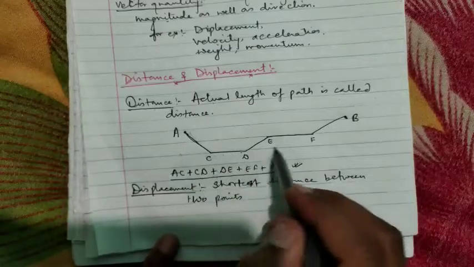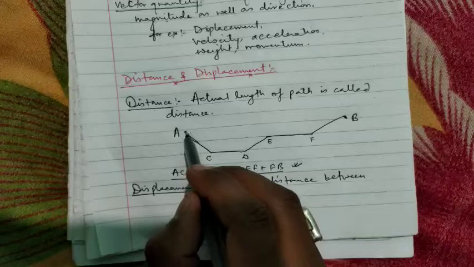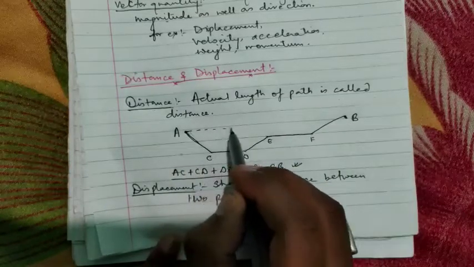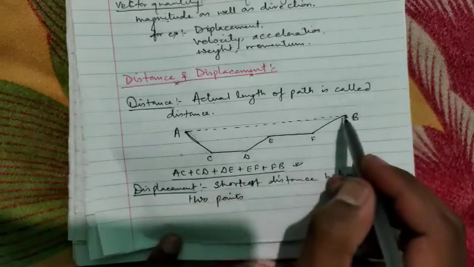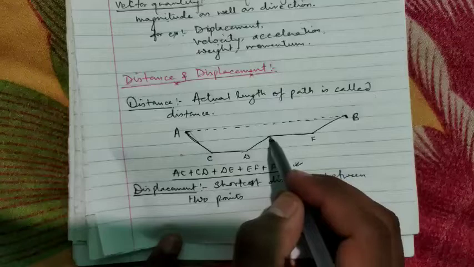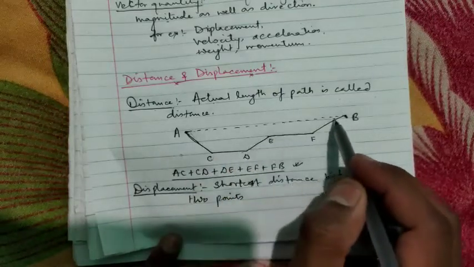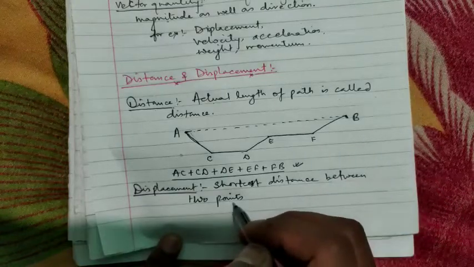In the same example, if that boy wants to go from A to B, what will be the shortest distance? This will be the shortest distance. If he travels in a straight direction, he will reach, but in distance no fixed direction is there, but in displacement there is a fixed direction. Displacement means the shortest distance between two points.